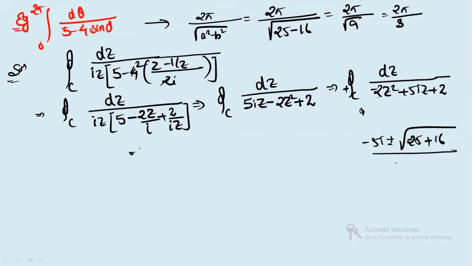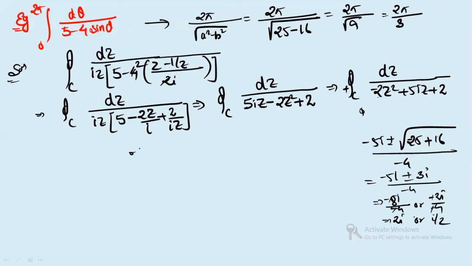In the denominator, you will have 2a, that is 2 into minus 2, minus 4 it will be. So finally, you'll get minus 5i plus minus, this will give you minus 9, that is 9i square, so you will get 3i. You can just calculate and see this is minus 4. So this is minus 5 plus 3i, which will give you minus 2i by minus 4. So finally minus and minus gets cancelled. You will get 2i by 4, or you will get i by 2. Okay.